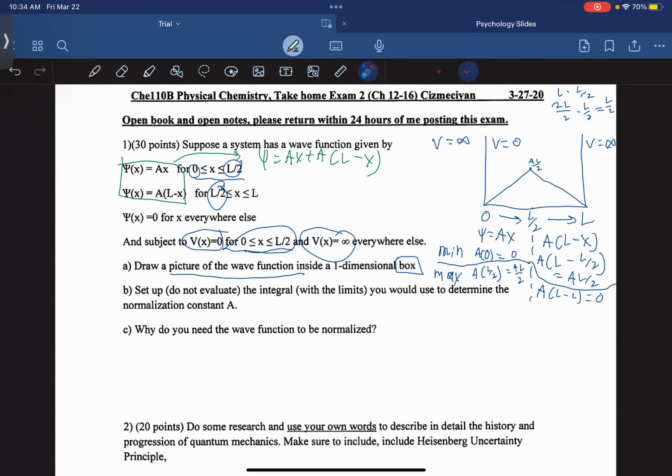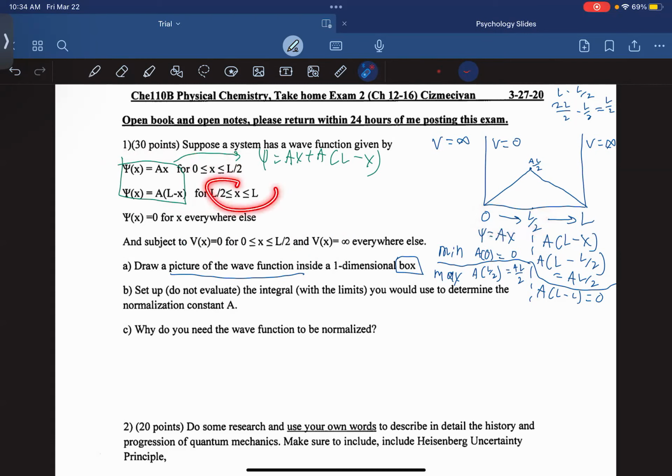So basically we supposed the system had a wave function. We had to draw a picture in a one-dimensional box. Let me get rid of some of these scribbles. And then we have these two wave functions. So what we did is we went, okay, 0 to L over 2, that's this part here.